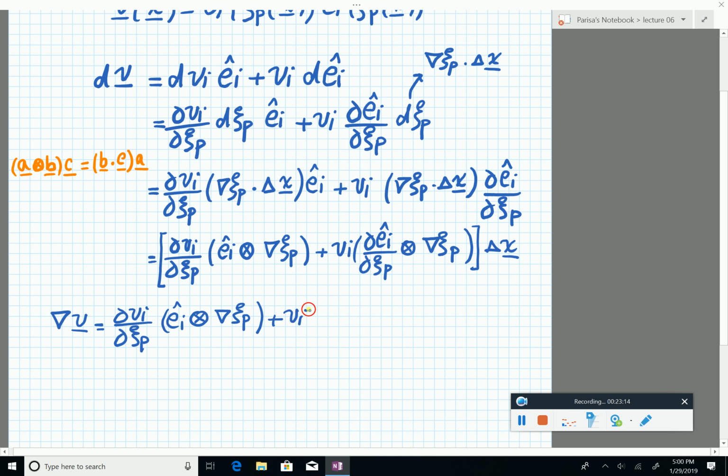So this v_i is the component of the vector field, so it's a scalar. This is the general formula.